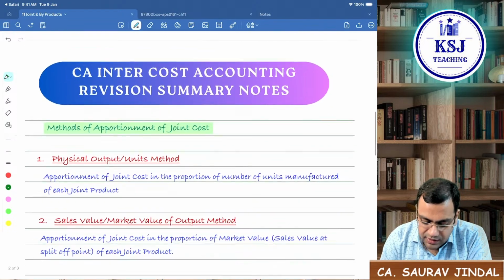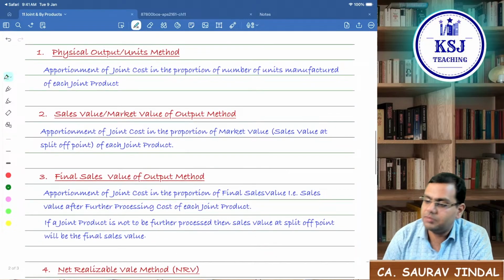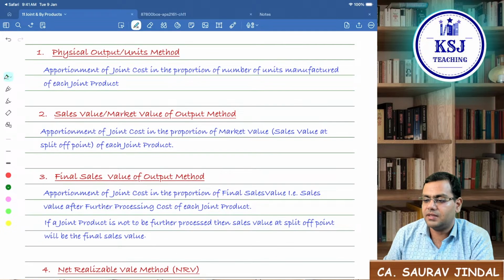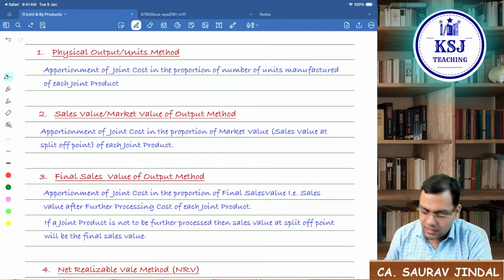Now let's see what the different methods of apportionment of joint cost are. What are the different methods given to us for distributing the joint cost? The first method that we have is the physical units method.